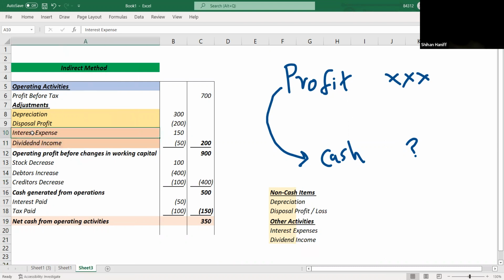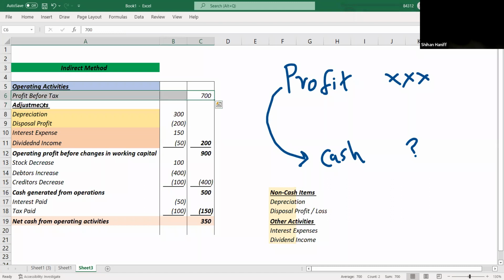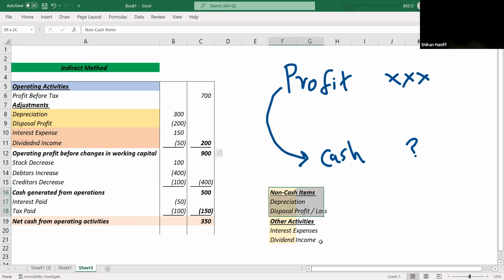The interest expense, we have to separately show as interest paid. Dividend income is not an operating activity, it goes to the investing activities. That is why we adjust this. So get the profit and do the adjustments, the non-cash items and the other activities.